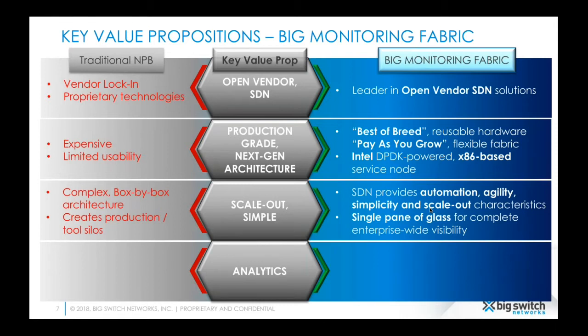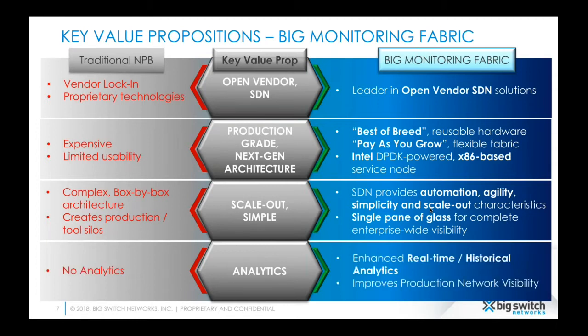And finally, we have telemetry built into our product, which gives you real-time or historical analysis with regards to your production network, what's happening, as well as your monitoring fabric. So with these four key points, we've seen our customers like Big Monitoring Fabric way better than traditional network packet broker solutions.